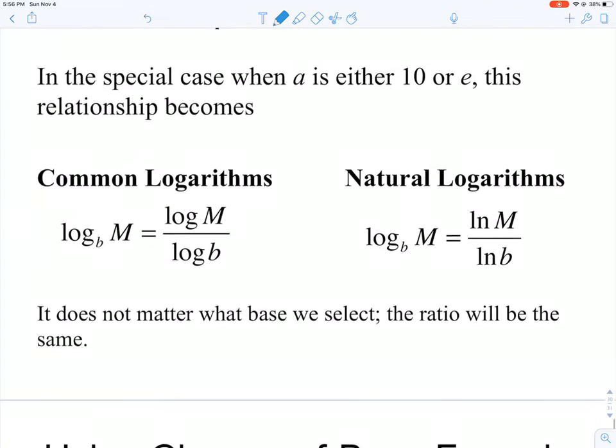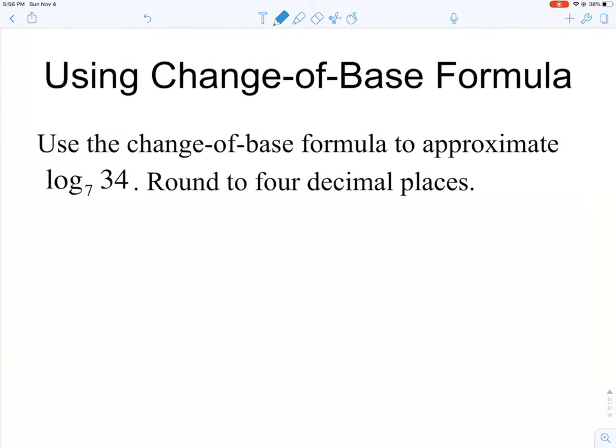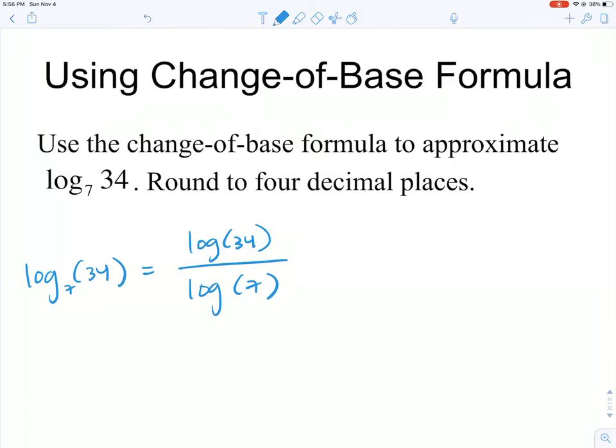Usually, if you're using change of base to evaluate a logarithm, it makes sense to use log base 10 or log base e, just because there are buttons on the calculator to do that. Okay, so if we wanted to evaluate log base 7 of 34 using change of base, we could just do the log of 34 over the log of 7.